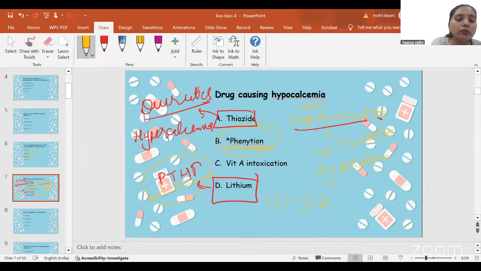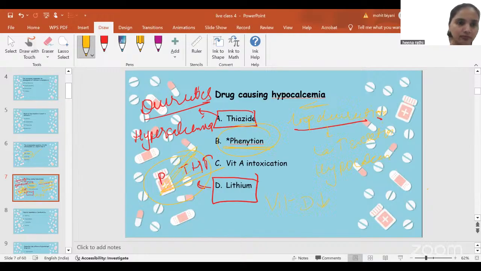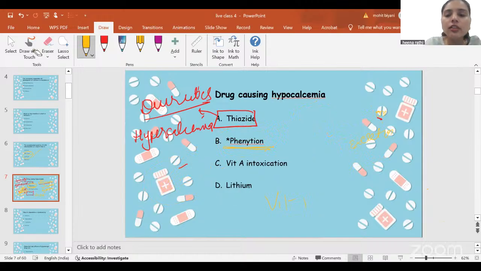PTH is always stimulated whenever there is hypocalcemia in the body. Whenever hypocalcemia is there, then this PTH is secreted. Now, PTH is going to produce the effect called hypercalcemia. It is going to increase the calcium level in the body.